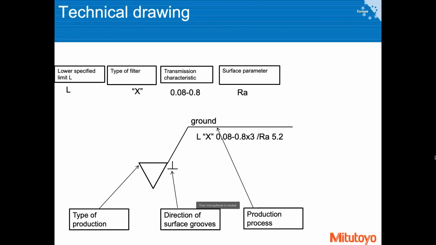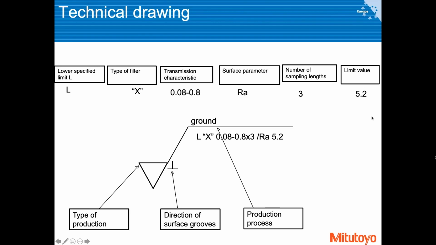What is very important is this surface parameter Ra, and the value is 5.0, and this 3 means the number of sampling lengths. What sampling lengths are will be shown again. For you, what should matter is most likely only this end part of the whole thing, and sometimes the direction of the surface groove is very important.